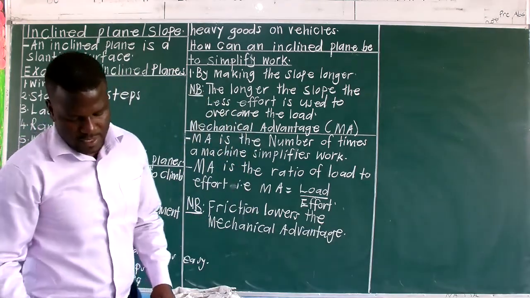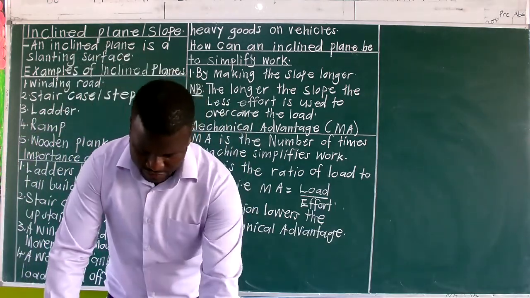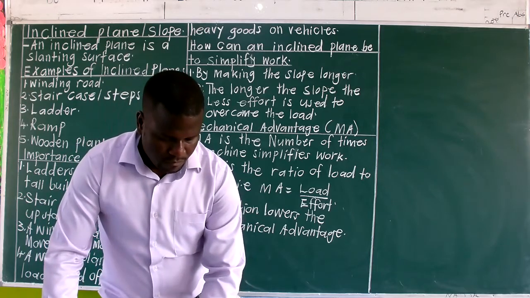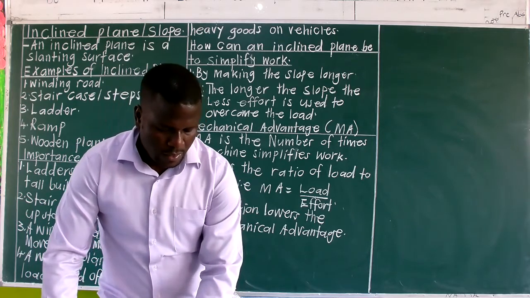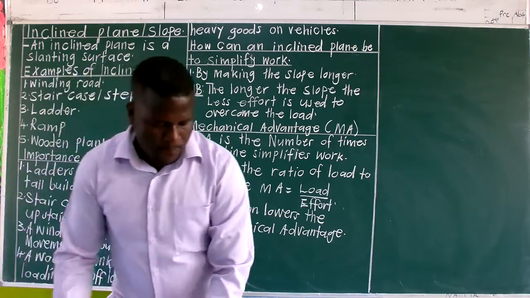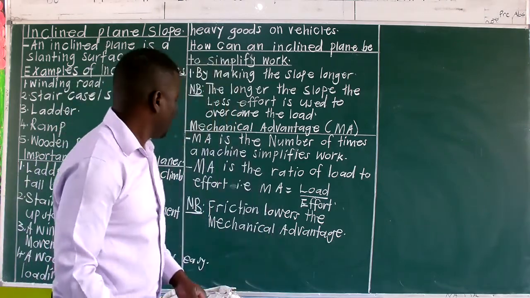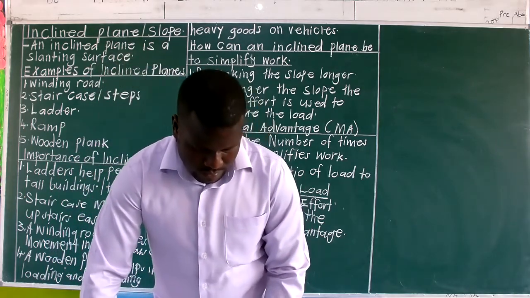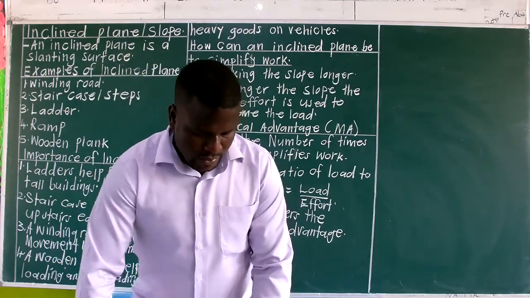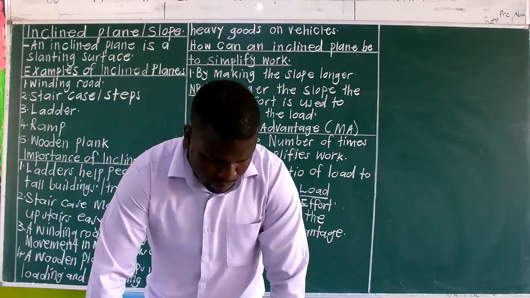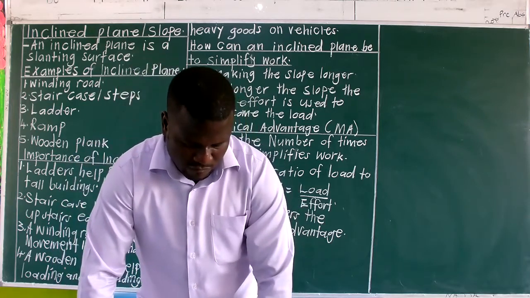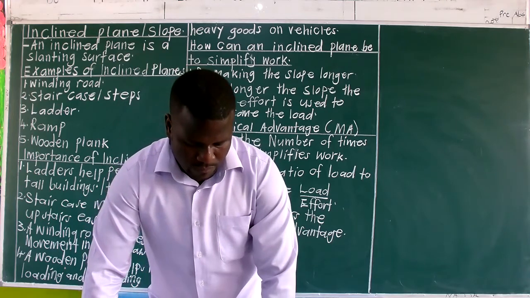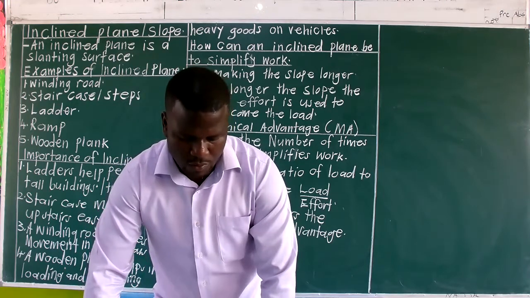Friction lowers the mechanical advantage. So we do some calculations. John used a slope to raise a load of 60 kg force from the ground to a higher level, as shown below.